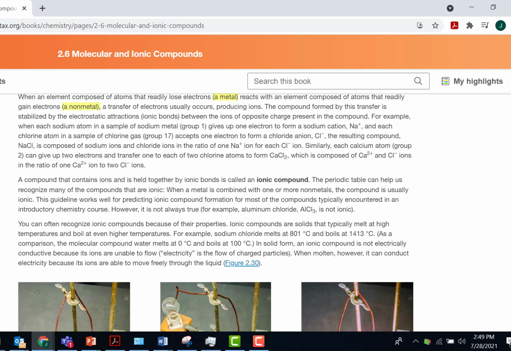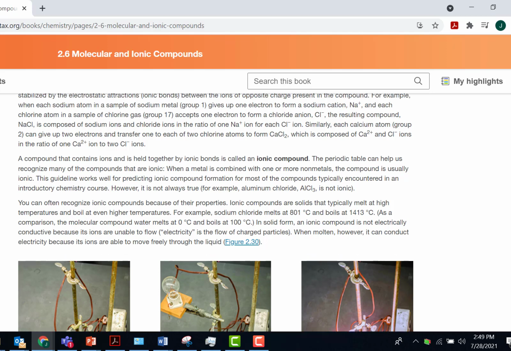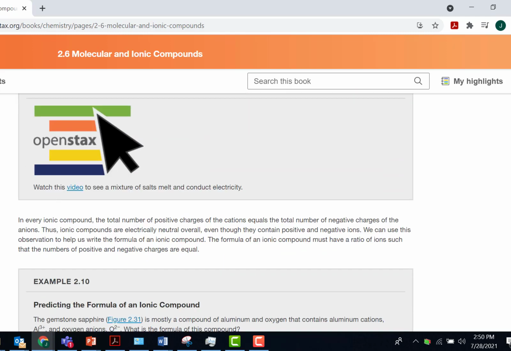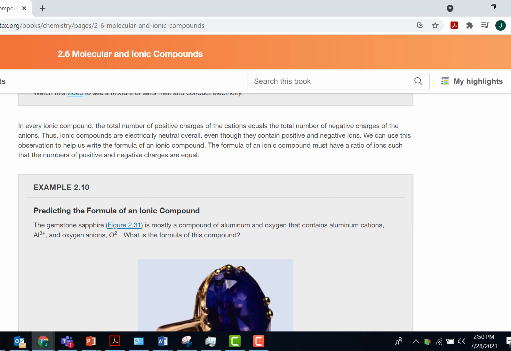So they are sometimes very water soluble, which is different than melting. This is not an experiment we would do where we melt the sodium, but we can see that it does conduct electricity if that were to happen.